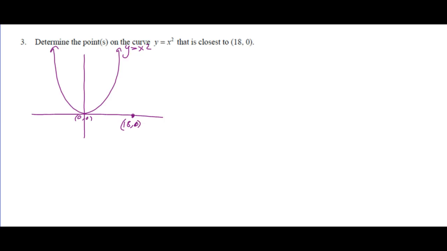Then we've got like the point 1, 1, 2, 4, 3, well, in that case, 18 is like way out here. Okay, so there is some point on this curve that is closest. Yeah, we've got to figure that out.